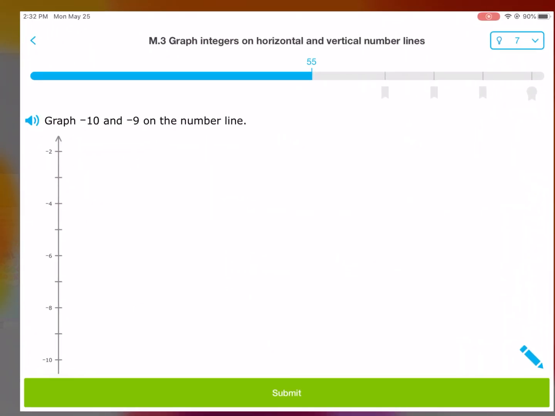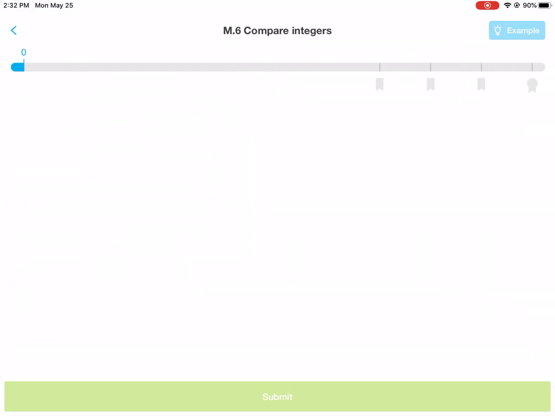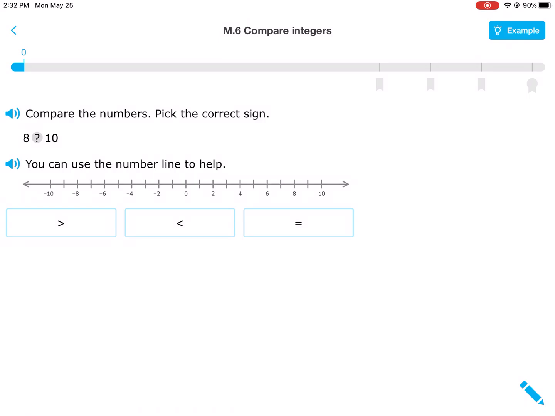All right, so we're going to go into M.6, comparing integers. So we've talked about whatever value is further left on the number line, or further down on a vertical number line, is going to be the value that is worth less, okay? So for example, and I love how they give you guys a number line for this.